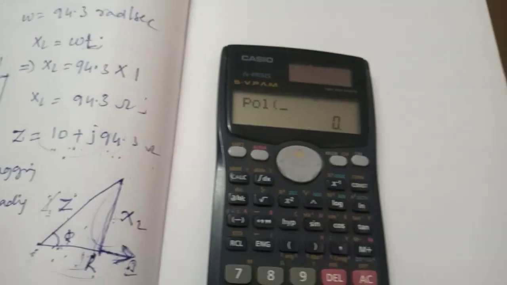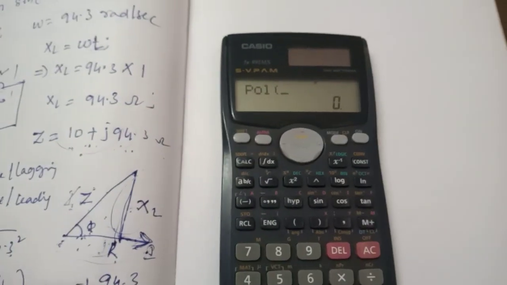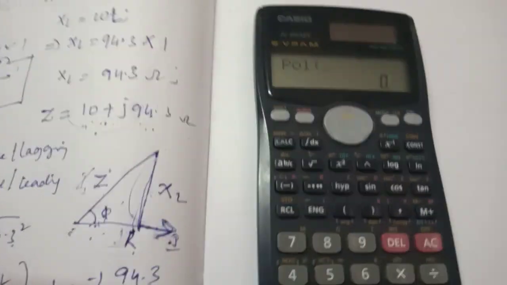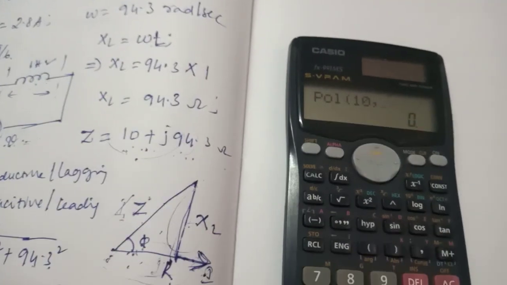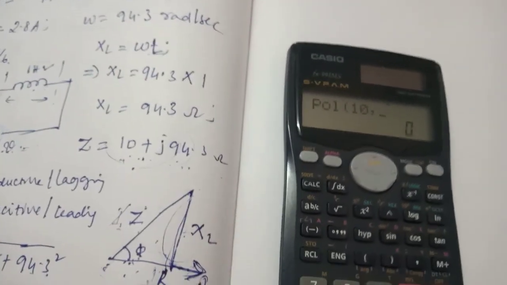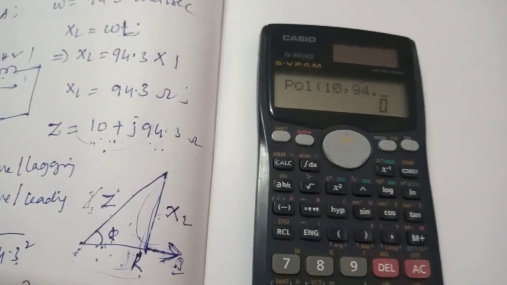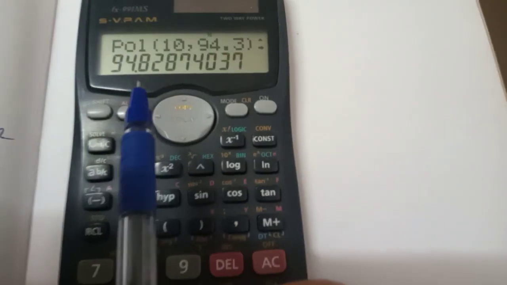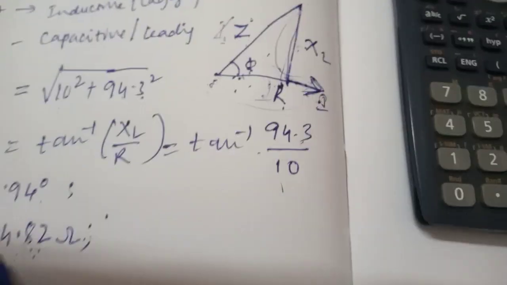Polar form of 10 comma 94.3. Close the bracket, press equal to, and it will come around 94.82. See here, 94.82. This is the magnitude of impedance.